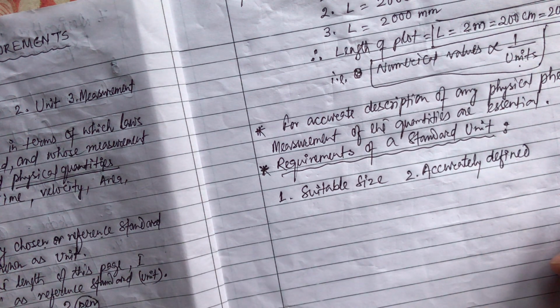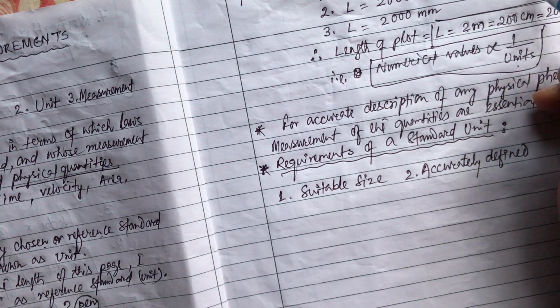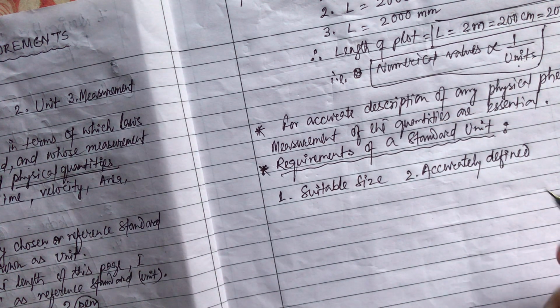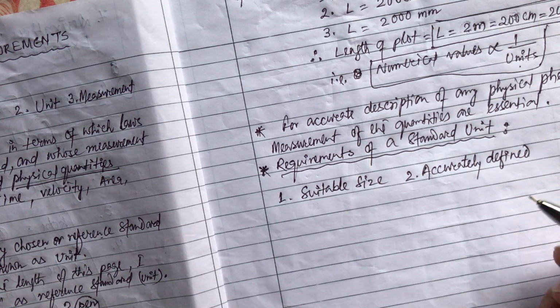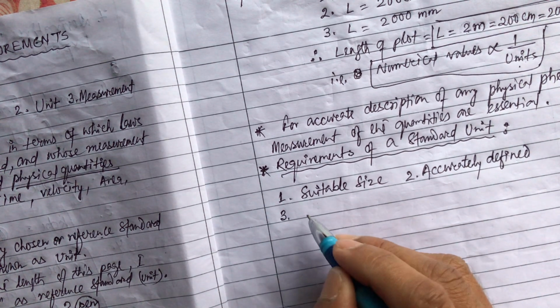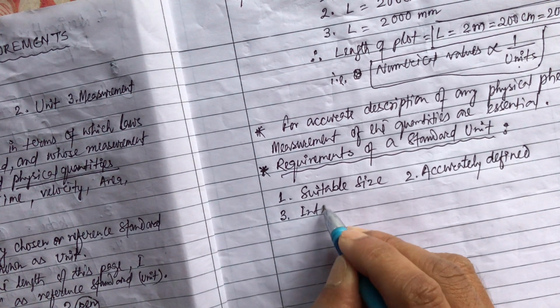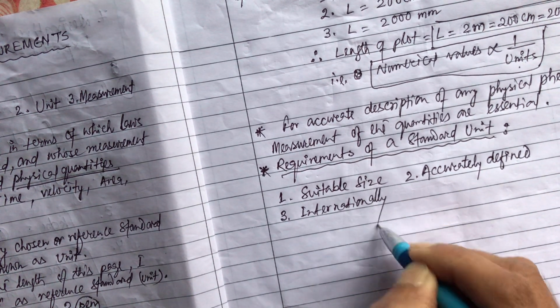If we talk about the meter, the size is very suitable, and it is accurately defined. Anyone can understand what one meter is. And number three, it should be internationally accepted.